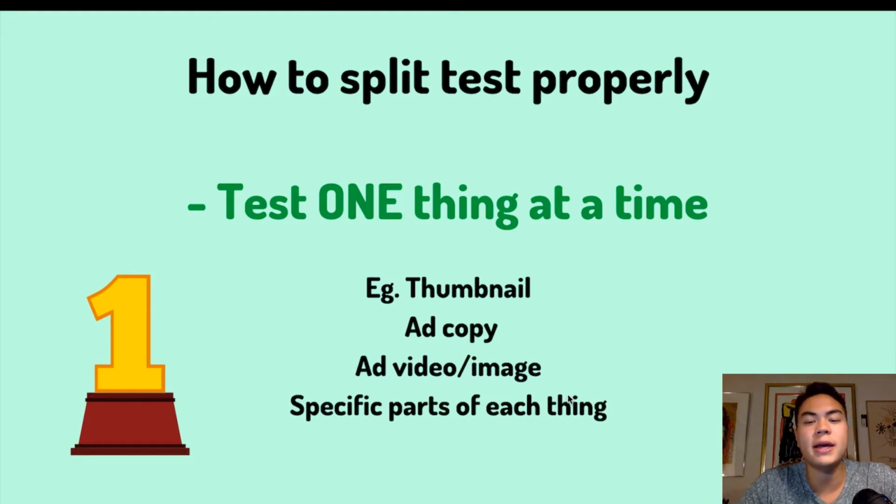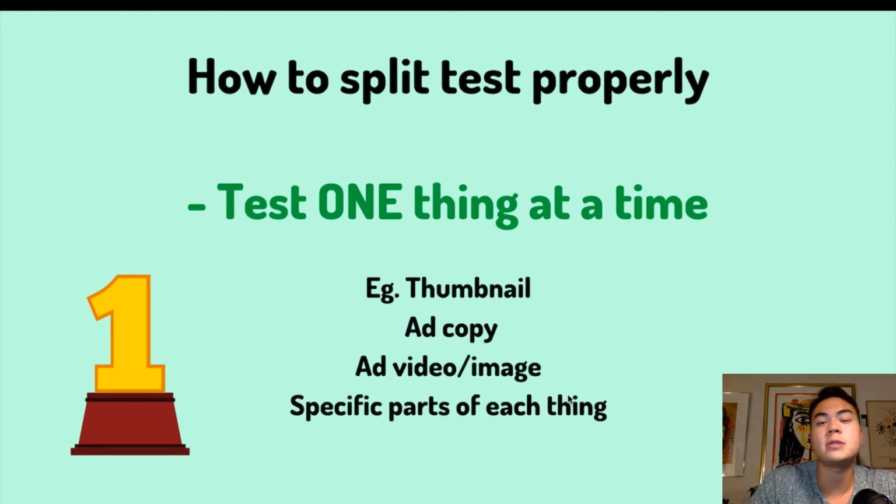So for example, like I did show you in the beginning for the case study, I didn't split test the whole thumbnail. I only split tested the headline of the thumbnail. The image, the emojis, the colors, everything was the same. I just tested the thumbnail header. And that can be the same for your ad copy.